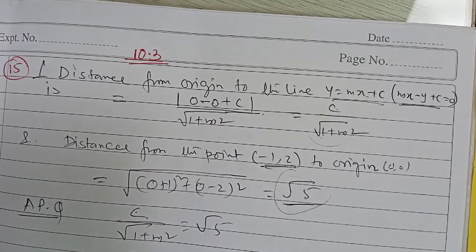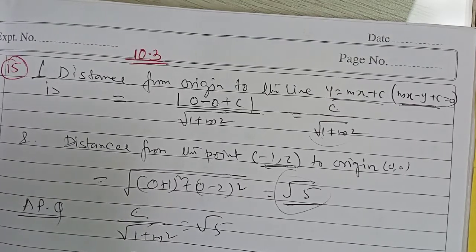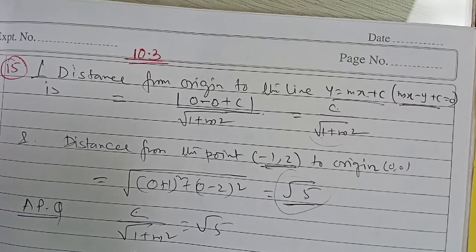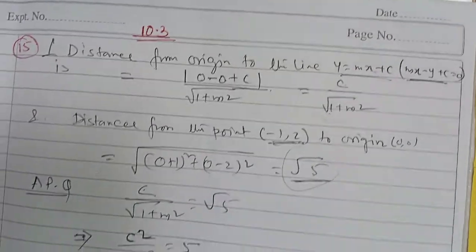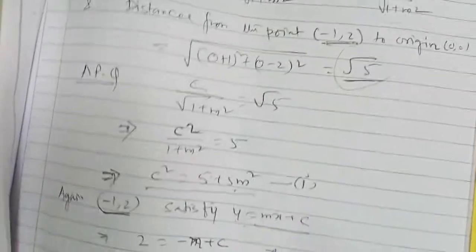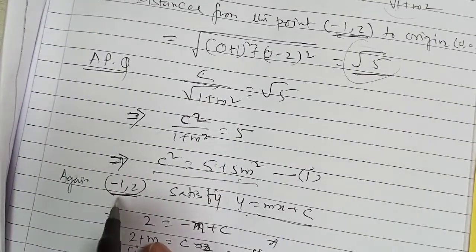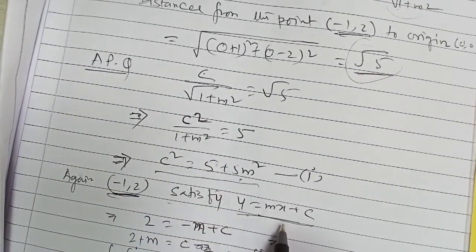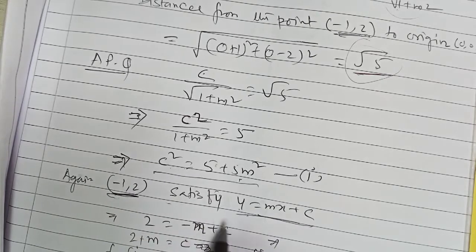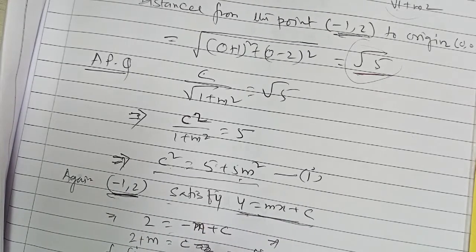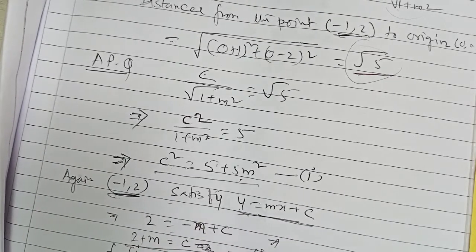Now again, this point lies on the line where the perpendicular is drawn. So this point will satisfy this equation. So we get c is equal to m + 2.